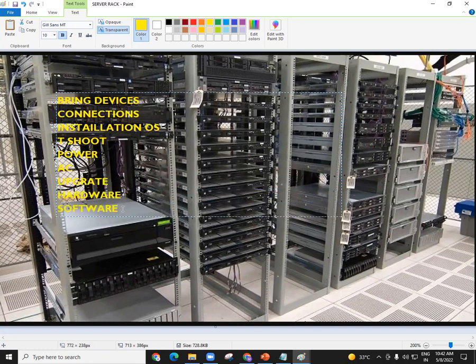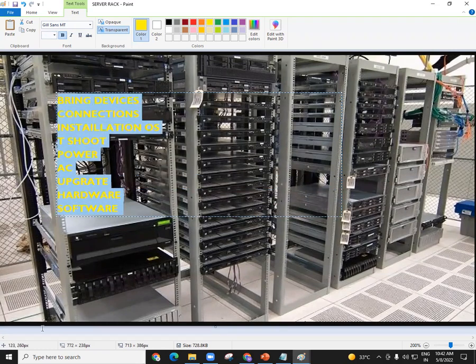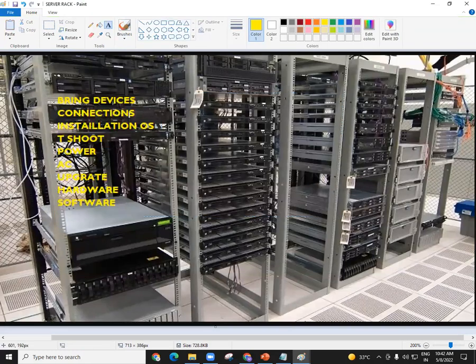All these things will be taken care of by the team in that company, the administrator team. Got it? Now let us come to the main points.